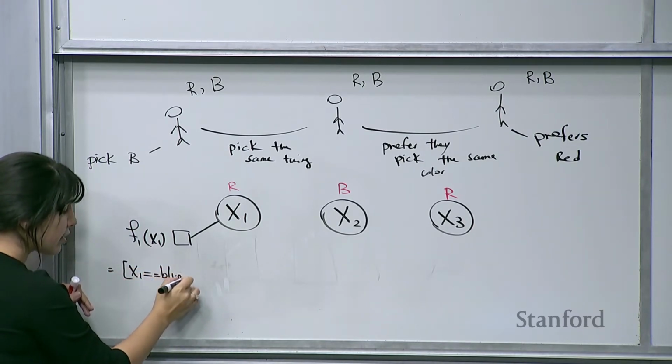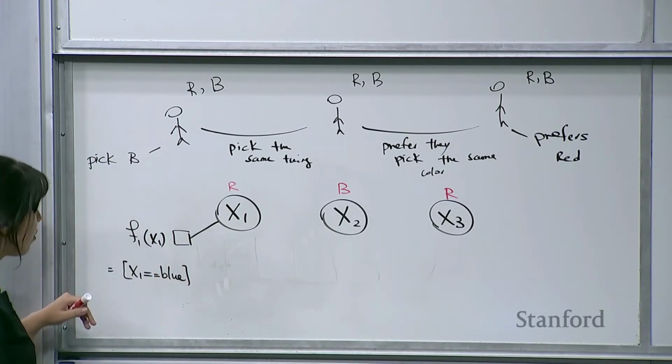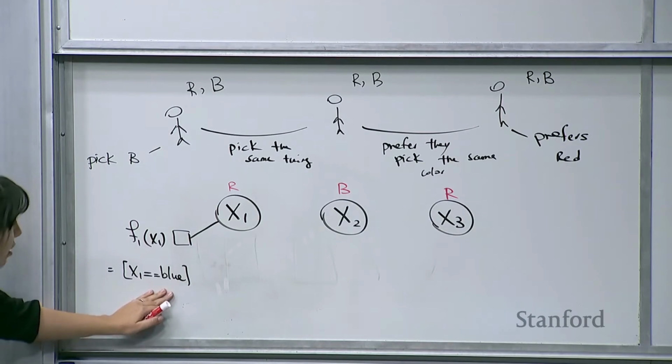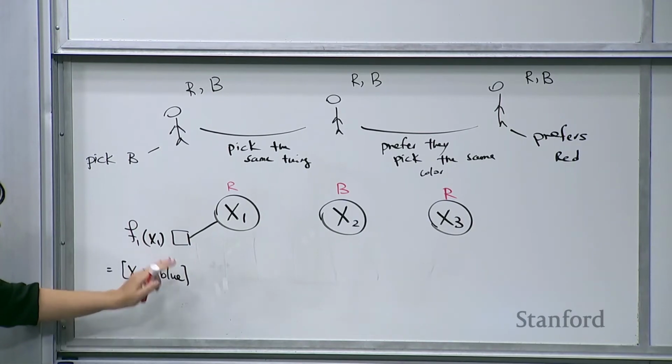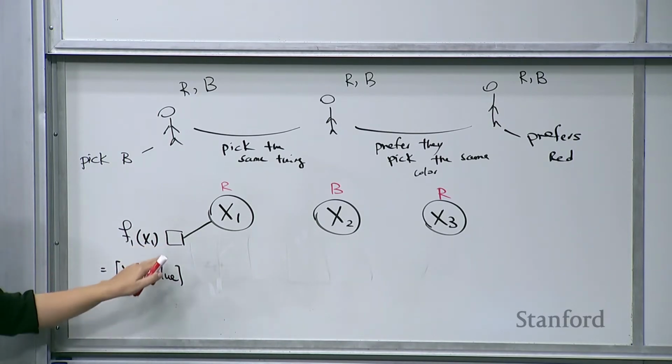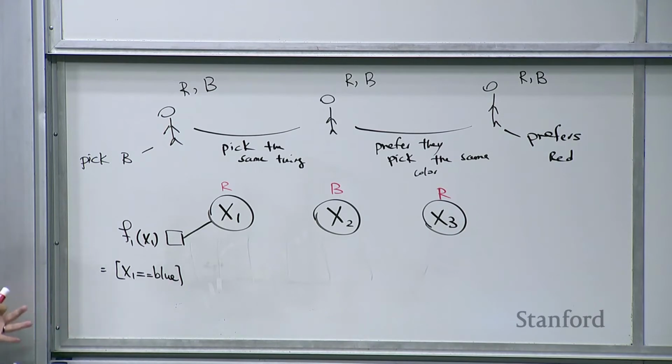Maybe I can write it like this. Okay? So if it is an indicator function, what does it tell me? If x1 actually takes blue, then the value of this factor is going to be 1. If x1 takes red, the value is going to be 0. So I'm treating 0 as the thing that I don't want, and anything above 0 as something that I actually want to get.